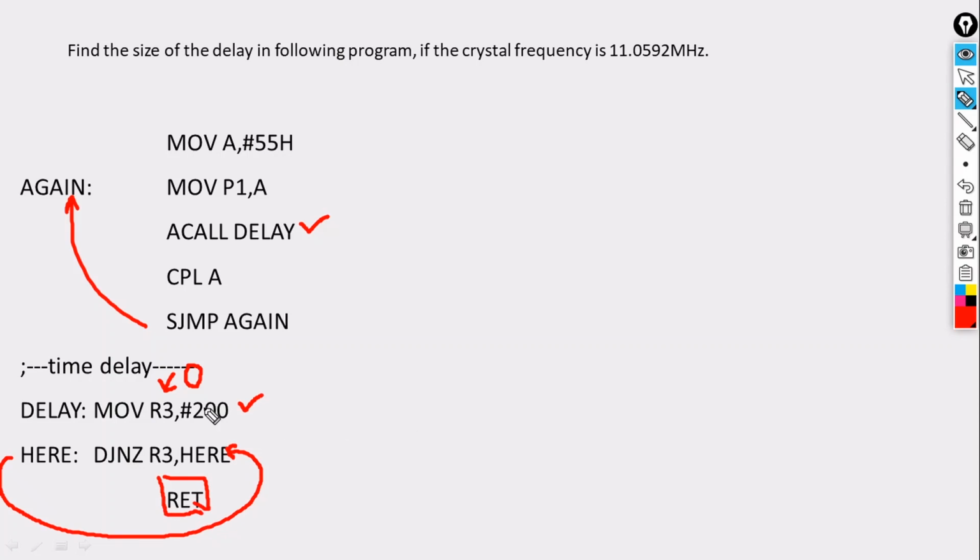Now let me take this in terms of machine cycles.